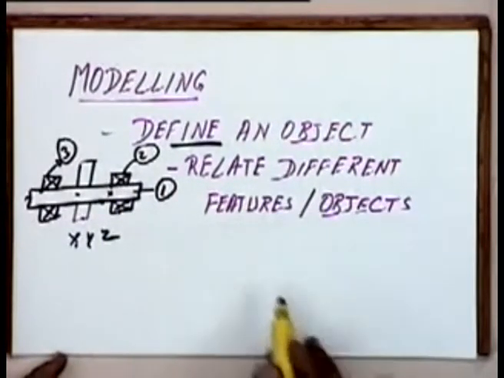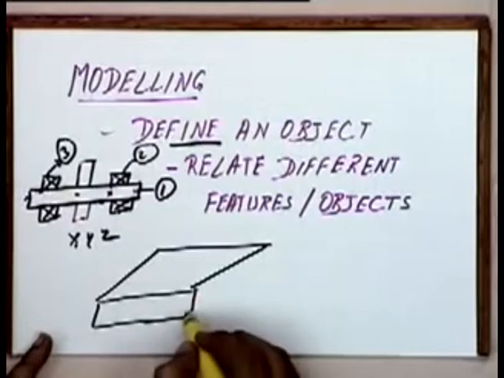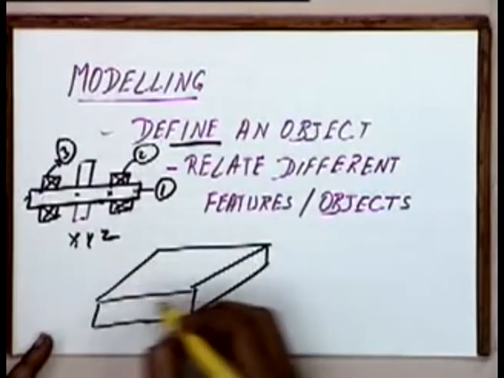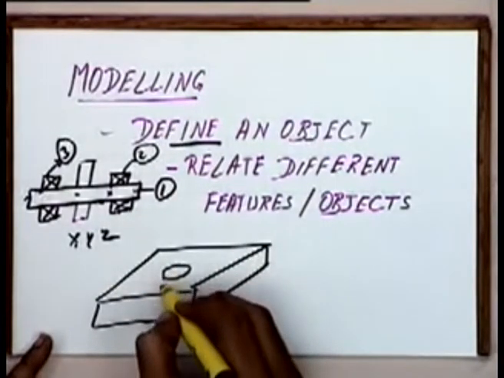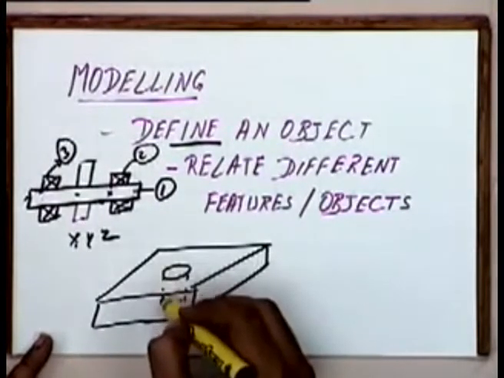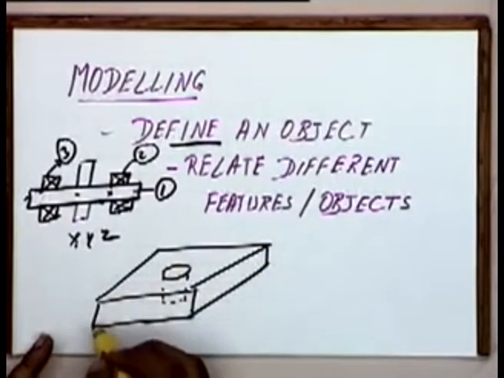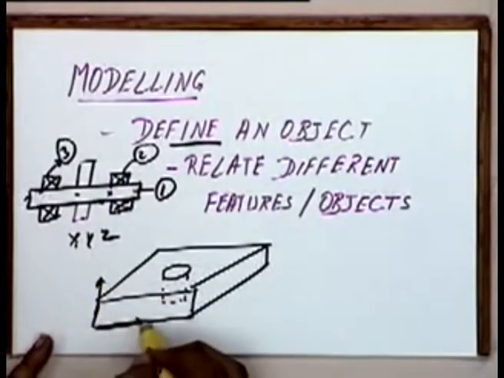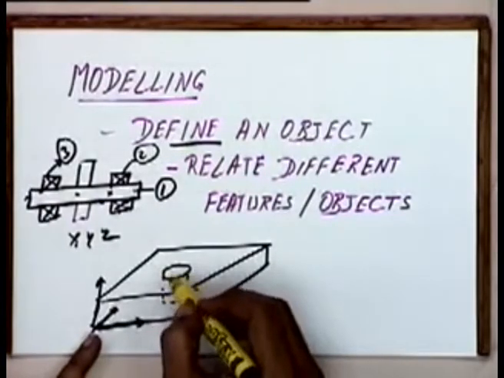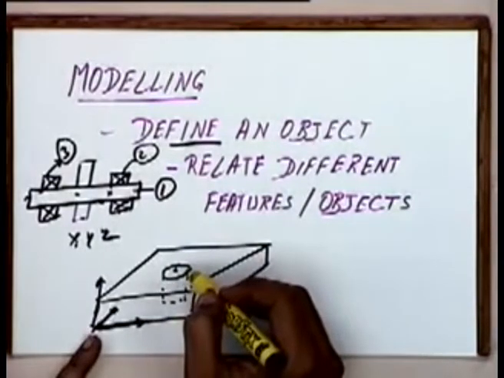Relate different features. Let us say if you are talking of a simple block like this. On this block, let us say we have a through hole. This hole is a feature on this block. We will have to relate that this block, let us say whose origin is at this location, this hole, this feature is at a particular orientation with respect to this origin, at a particular distance.